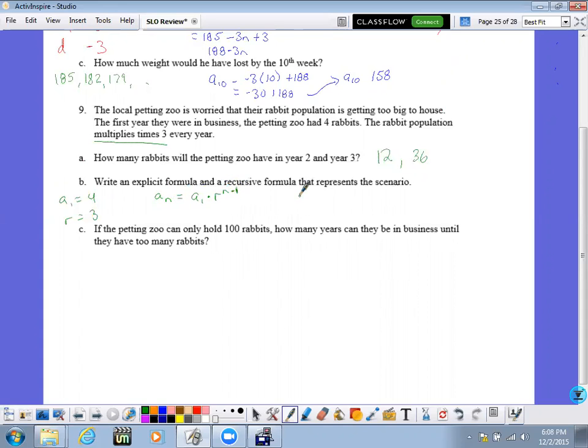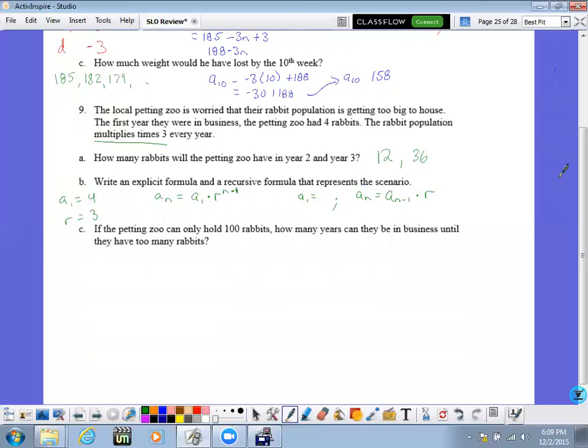All right, your recursive formula, you would have to still type out your a sub 1, or your first term, and then you would have a sub n equals, make sure I'm not telling you wrong, your previous term times your ratio.